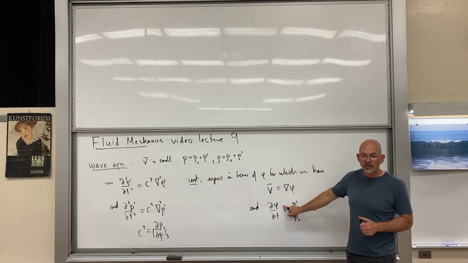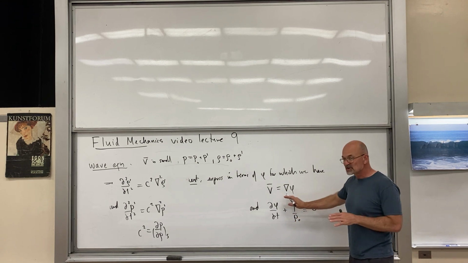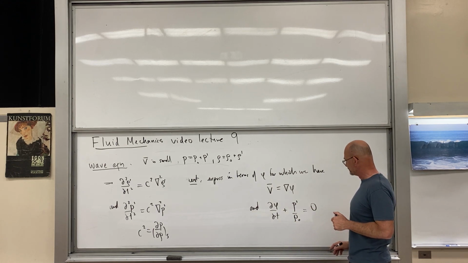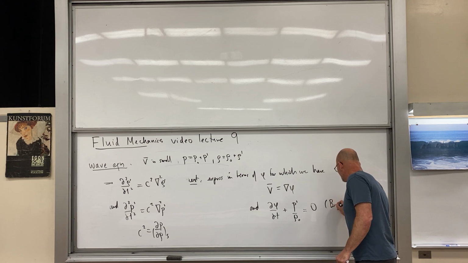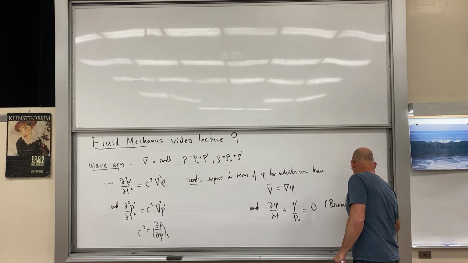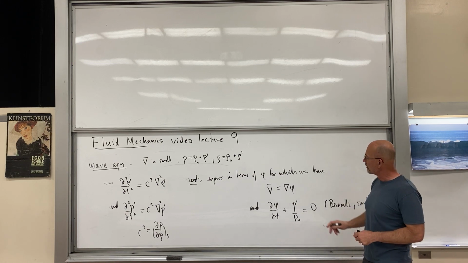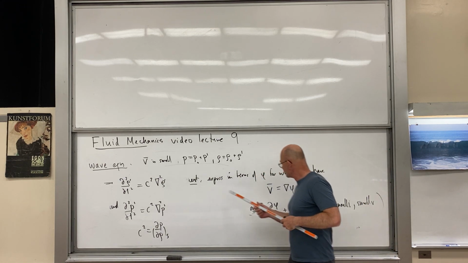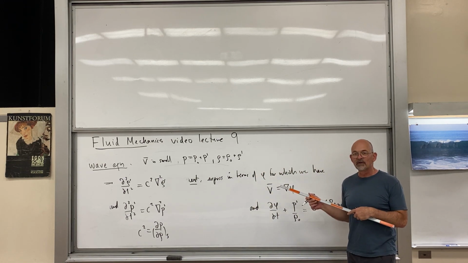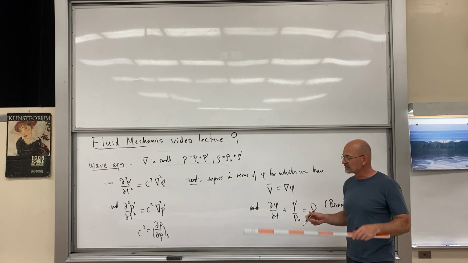This is the Bernoulli's equation version for small velocities. Gets rid of the v squared term, right? Okay. So what we want to do is have a wave equation for the velocity potential itself, because then we'll have everything in very compact form.